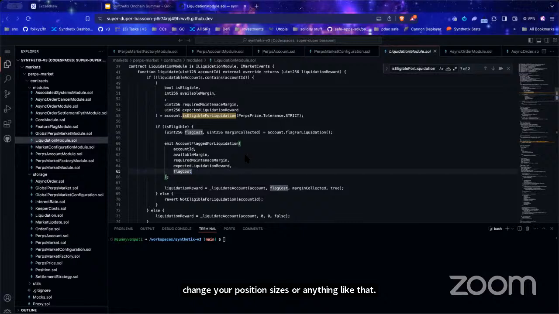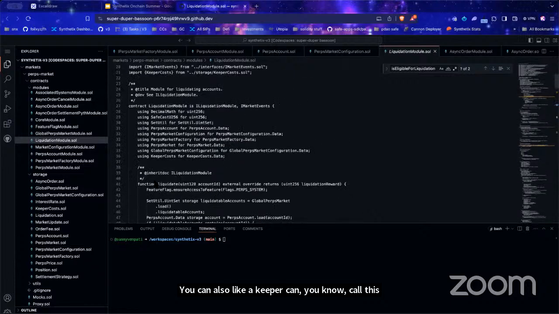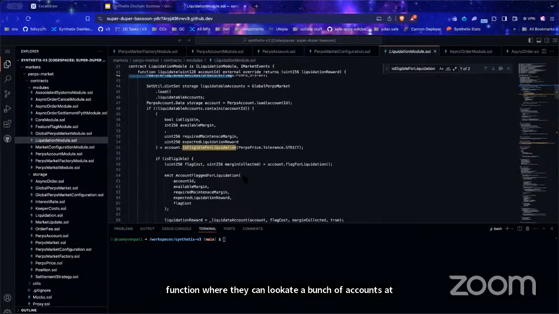At this point, there's a keeper. The keeper can flag the account, and you get a reward for that. And for the actual liquidation, liquidate flagged, a keeper can call this function where they can liquidate a bunch of accounts at once instead of having to call the liquidate function every time.